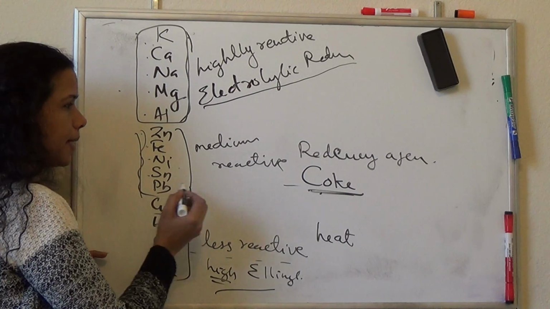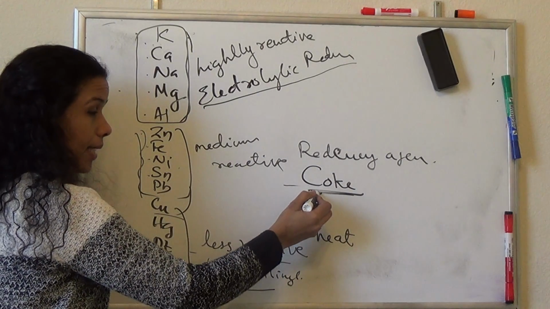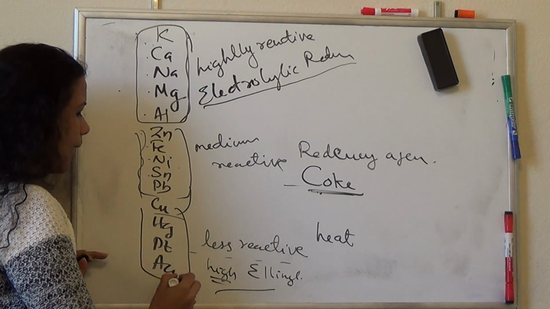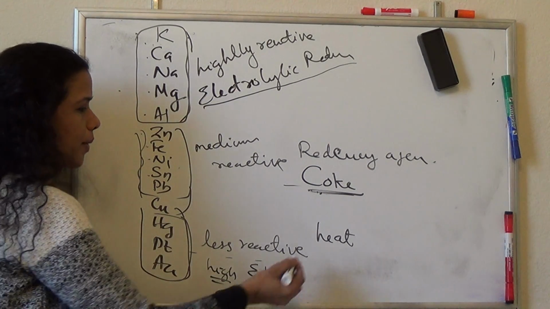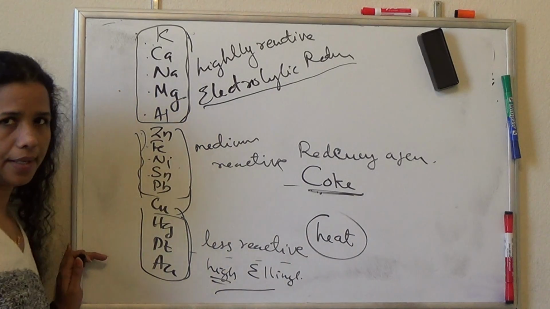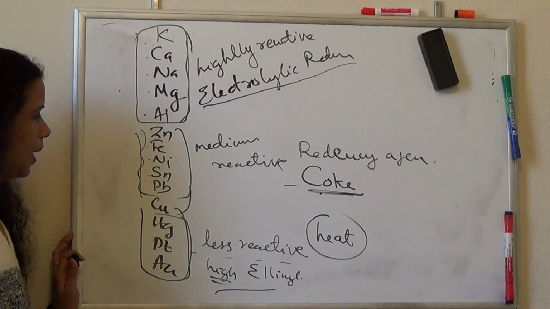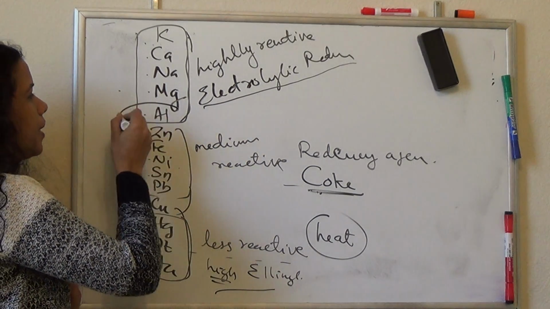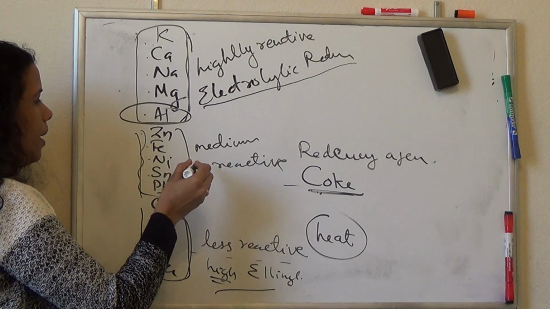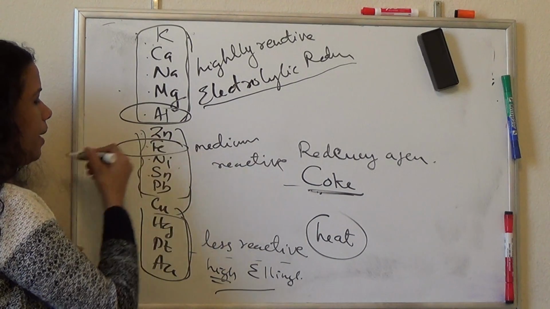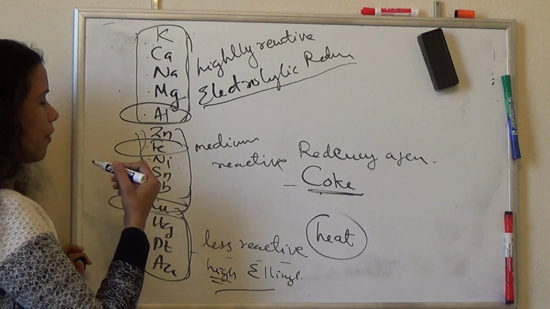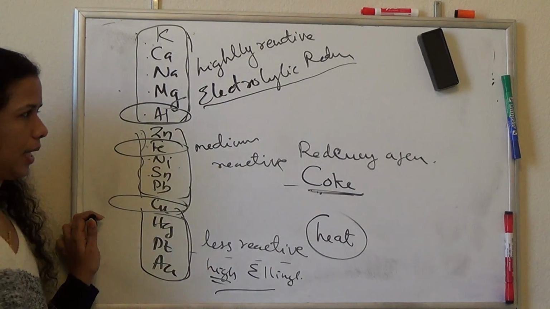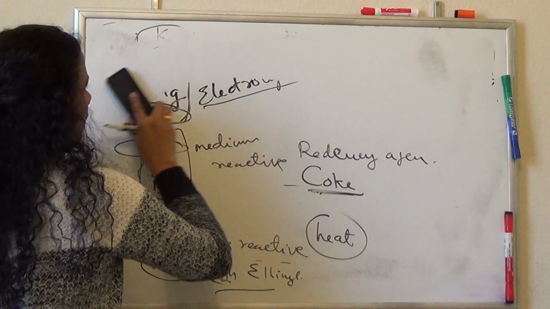Medium reactive metals will be reduced using a reducing agent at high temperature, not at low temperature. And less reactive metals we can reduce directly by using only heat. So we have to learn the extraction of aluminium, extraction of iron, and extraction of copper. These three methods we have to discuss in our syllabus. We'll go to that.